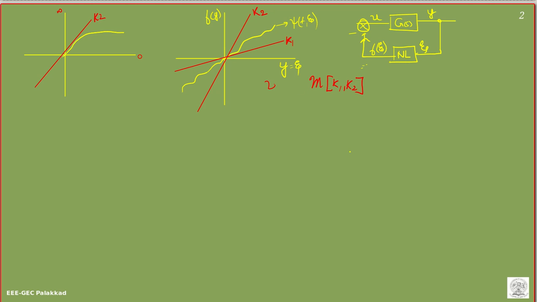That means psi of t comma zeta is an element of M[K1, K2]. In this case, if I have some other nonlinearity, I can write psi of t comma zeta is an element of the sector [0, K2]. So I can have another sector like this, with a nonlinearity like this and a sector here.